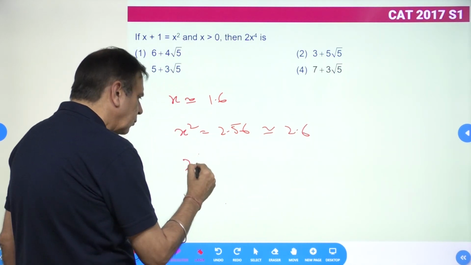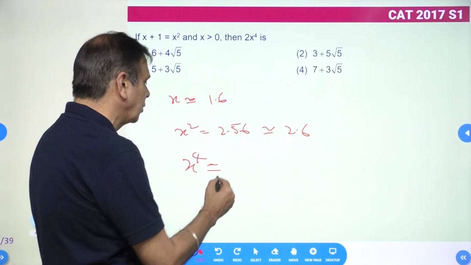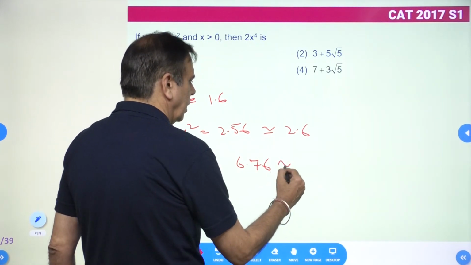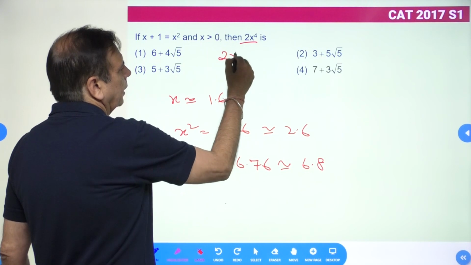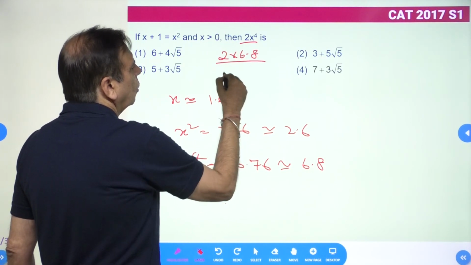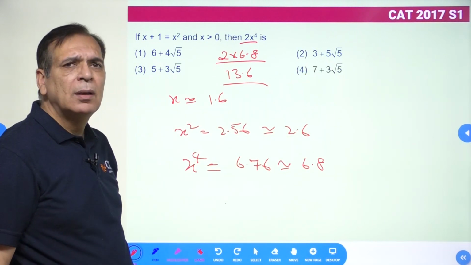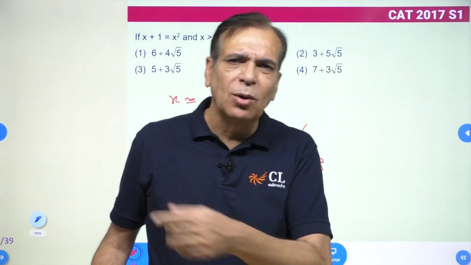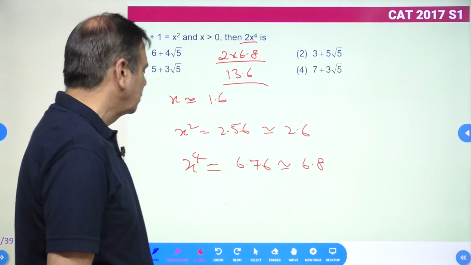So what is x to power 4? 26 square is 676. Let's say 6.8. What do we want? 2x square. 2 into 6.8 is 13.6. I would still get the same answer. So in these questions, if you apply quadratics, mathematically you are doing it right, but you are wasting time in the paper. Use your calculator or do approximate calculation and get the answer.